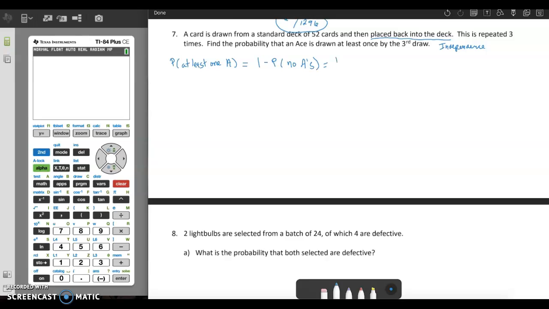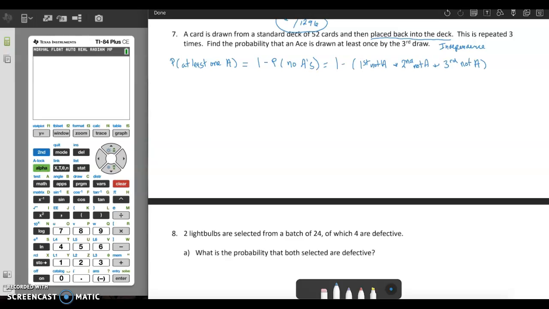And this would be like saying 1 minus, if there are no aces, that means that the first is not an ace, and the second is not an ace, and the third is not an ace.